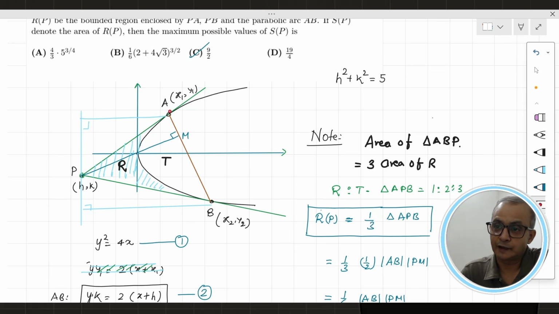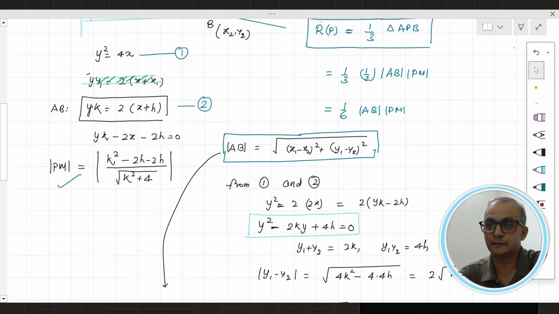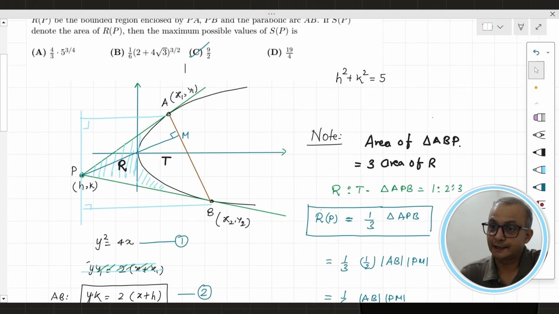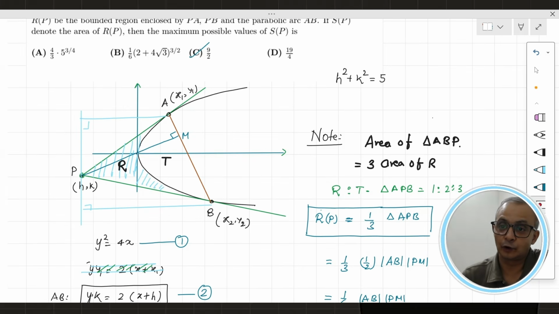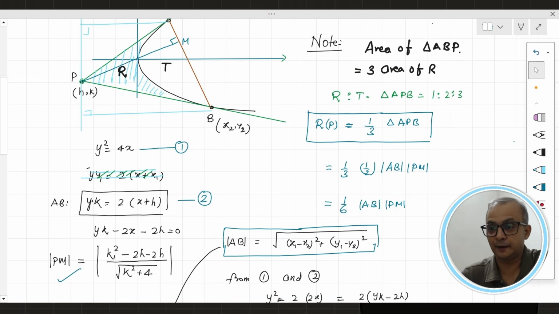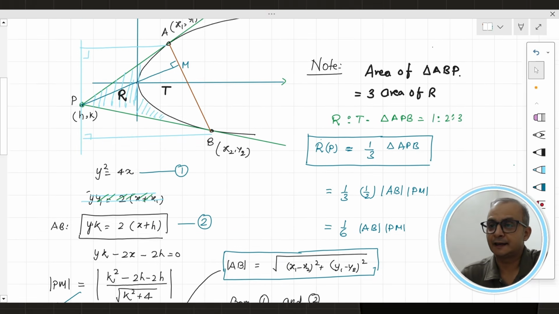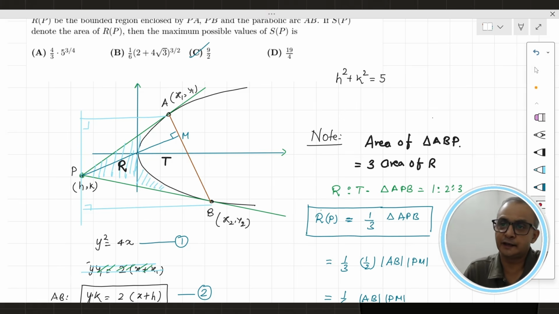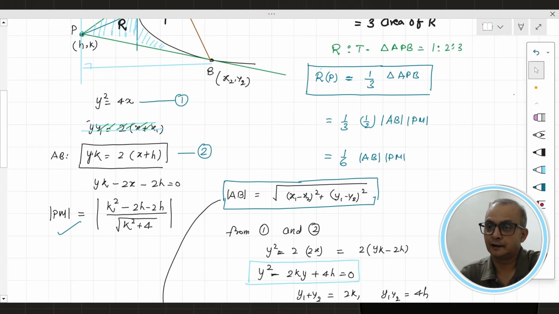From there also we can get the same kind of structure, and we get the same area in terms of t. The other thing is that suppose you want to use the slope form. In the slope form also the m will come into play. But I think that without going into the t parameter and slope, it will be convenient to take our usual approach. There is less chance to make mistakes.